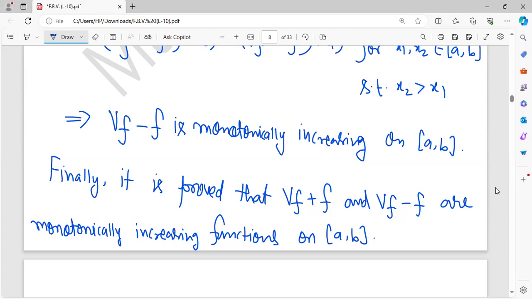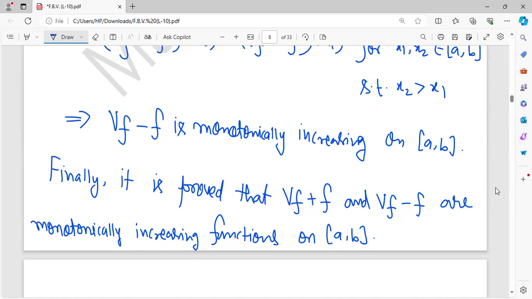Second, if you have a monotonically increasing function, the V_f corresponding to it is nothing but f minus f(a), and in particular, if f(a) is equal to 0, V_f becomes f. Third property is that if f is monotonically decreasing, V_f is equal to f(a) minus f, and in particular, if f(a) is 0, then V_f is equal to minus f.